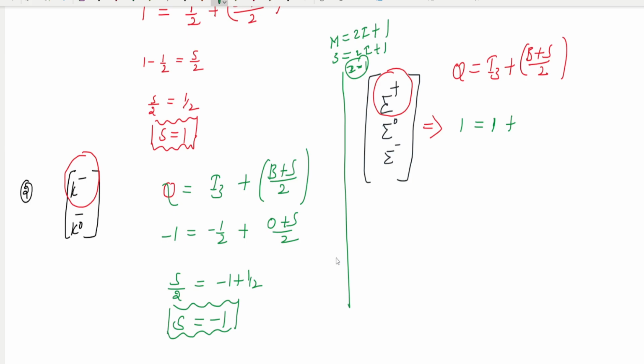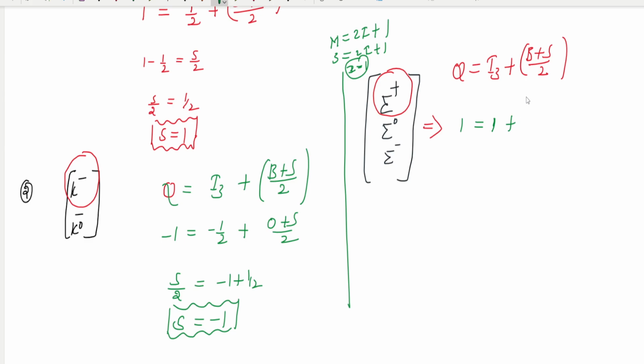You need to be careful here. So this is baryon number. Do you remember baryons?